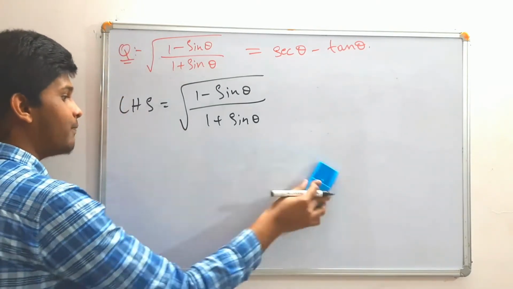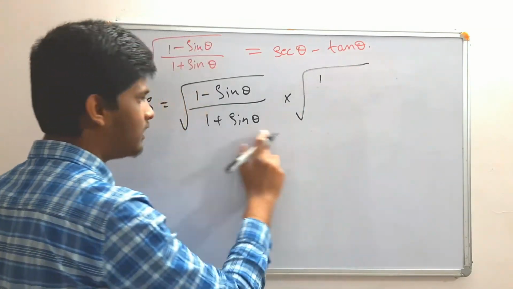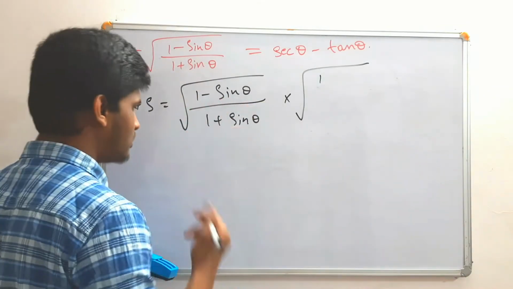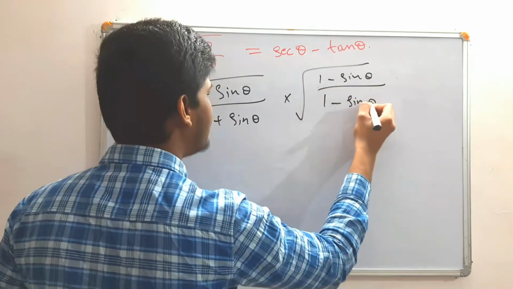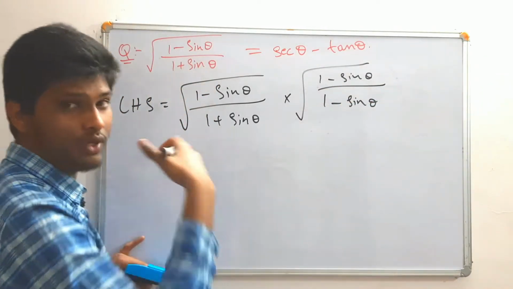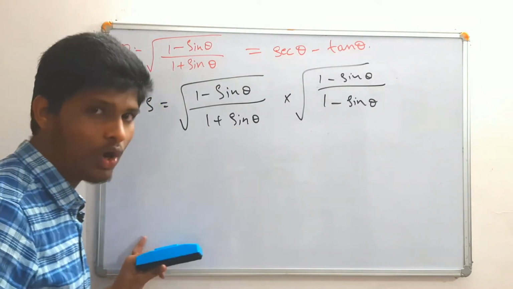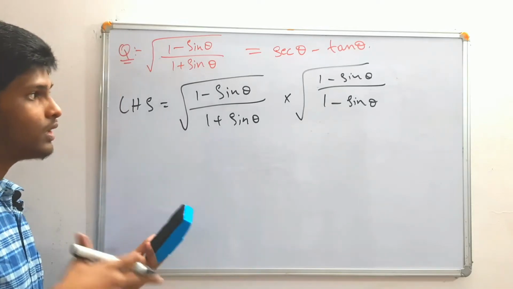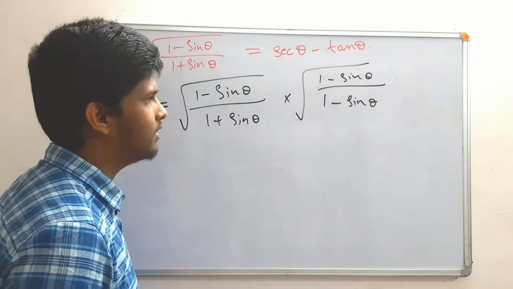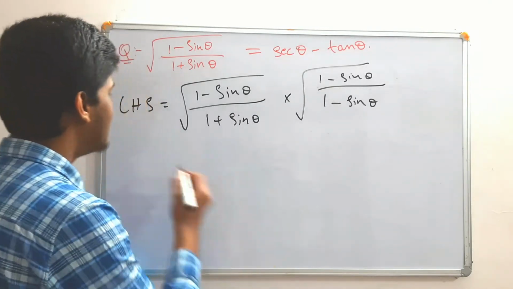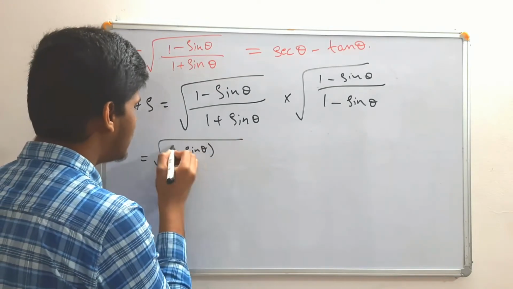In that way, here we have 1 plus sine theta in the denominator, so we should rationalize with 1 minus sine theta, because then it will be in the a plus b into a minus b form. So we get a square minus b square. To get that form, we rationalize with the opposite sign term. So here we get root of (1 minus sine theta) whole square.